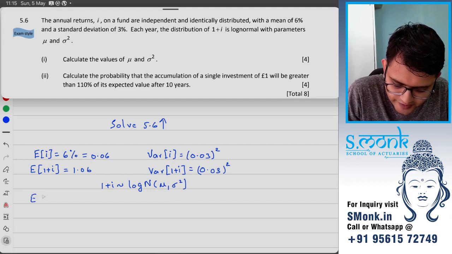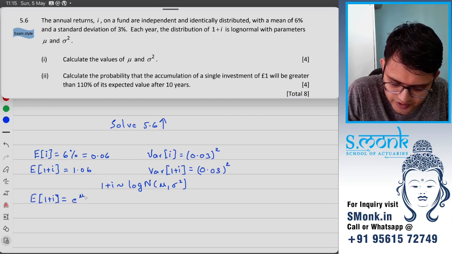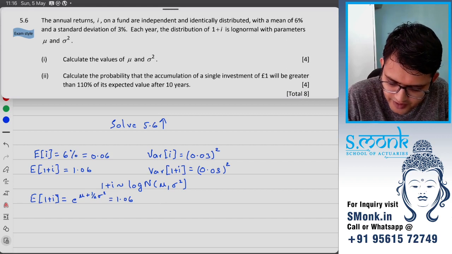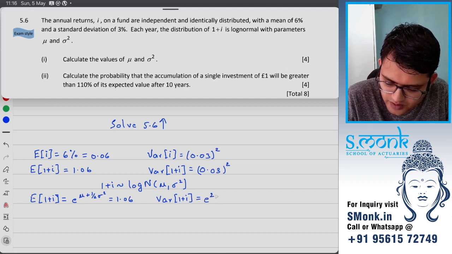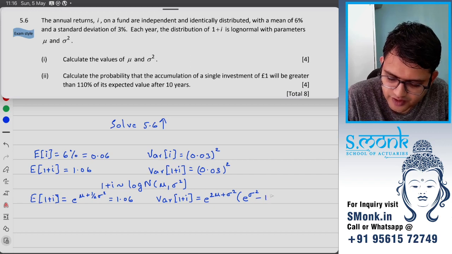So the expected value of a lognormal will be e raised to mu plus half sigma squared, that is 1.06, and the variance of 1 plus i, which is lognormal, is e raised to 2 mu plus sigma squared, times e raised to sigma squared minus 1, that is 0.03 squared.